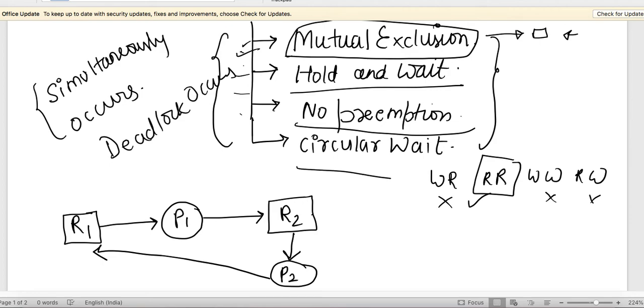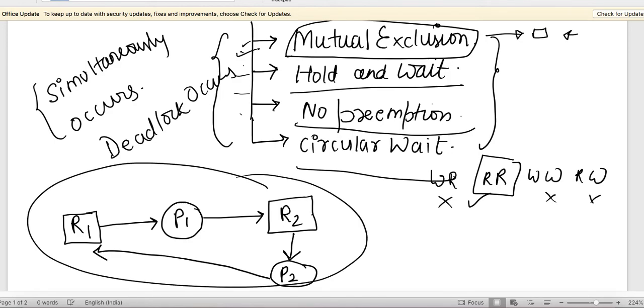Okay. And the last condition is circular wait. This is actually a circular wait. There can be many processes, and this is also an example of circular wait: P1, P2, P3. P1 is waiting for some resource which is held by some other process, and that process is waiting for some other resource which is held by yet another process, and this goes on.